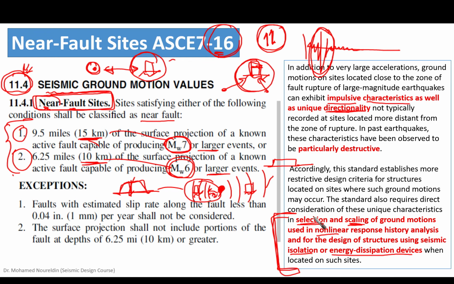Selection and scaling, we're going to talk about this in detail later. So this is the near fault, which is the first section that you're going to see in the code, Chapter 11.